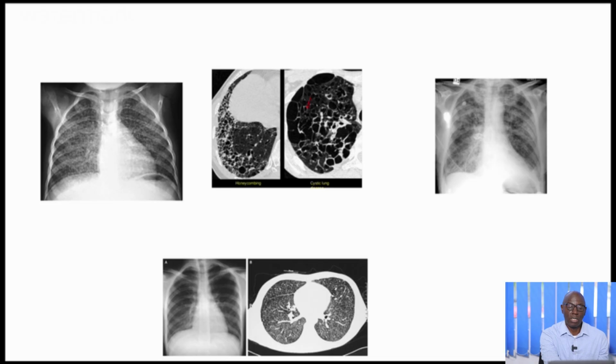When one gets an X-ray now, you look at it and you ask yourself, is this interstitial, is this alveolar? Sometimes it may be mixed, and even if it is mixed type, still there is one of them which is predominating. So it is important that you describe it and say this is predominating.